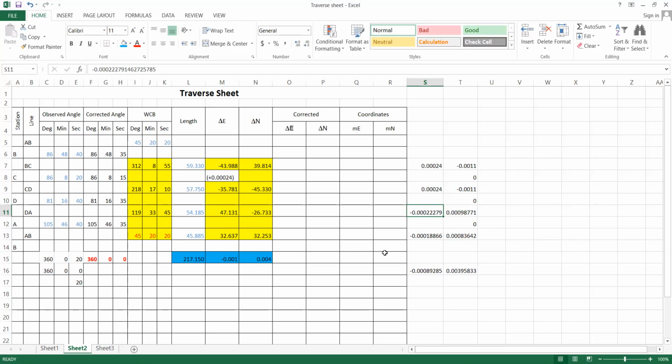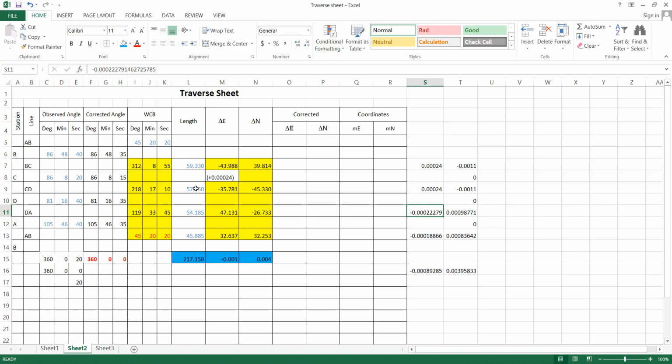Is this calculation clear, the way I calculated? So what I want to do, I use the proportional distribution. If I have 1 millimeter, it should be distributed proportional to the lengths. Now these lengths are almost in the same order. You can see 59, 57, 54 and 45.